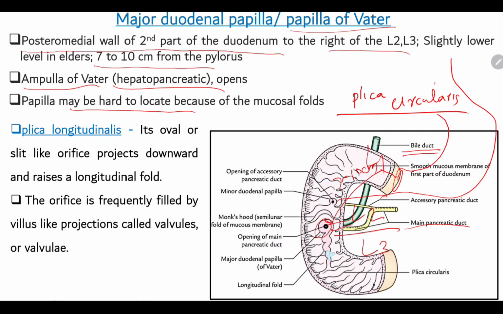That longitudinal fold is known as the plica longitudinalis. The opening of this major duodenal papilla is frequently filled by villus-like projections called valvulae. So in this area you may see some small mucosal projections called valvulae.